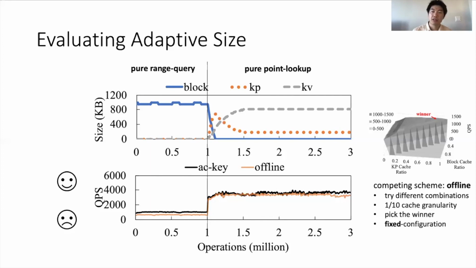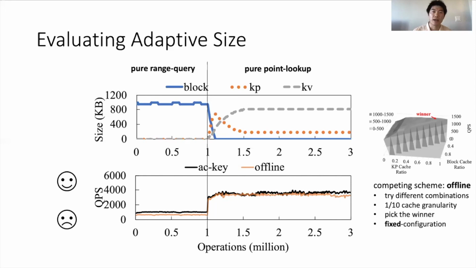This is because the offline scheme is a fixed scheme. Even if it can beat all the other fixed schemes, it may not be the best configuration in each individual phase.